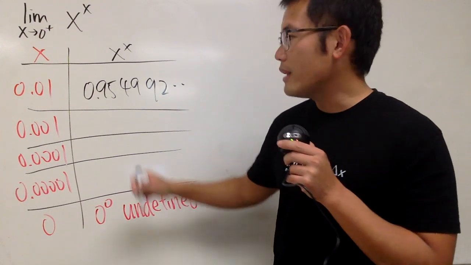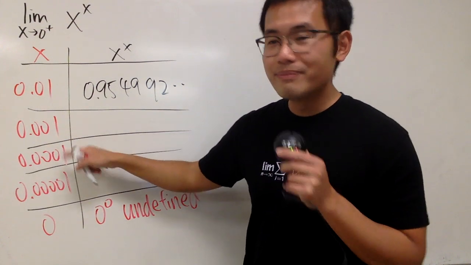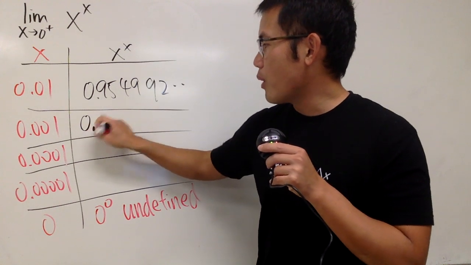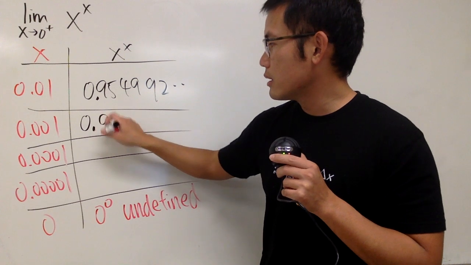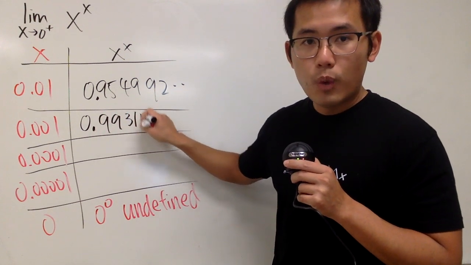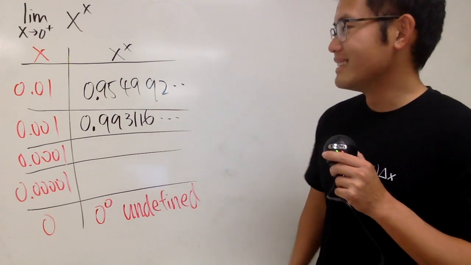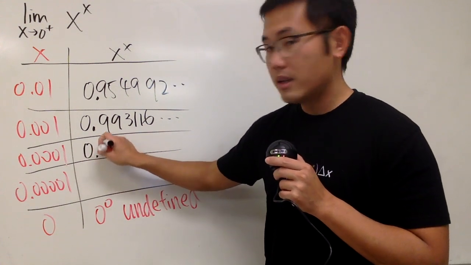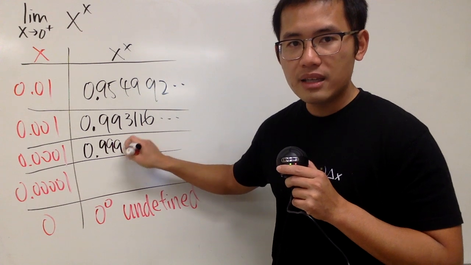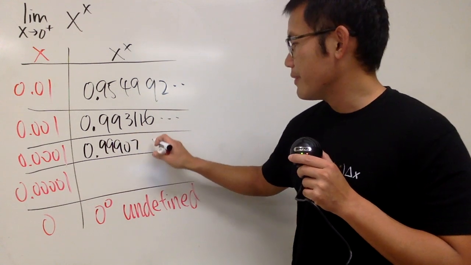And then for the other one, when we have 0.001, put it here, we get 0.993116, and so on. And then, of course, you just pretty much do the rest of the work. You get 0.999079, and so on.